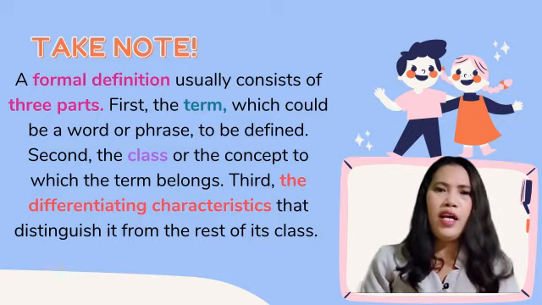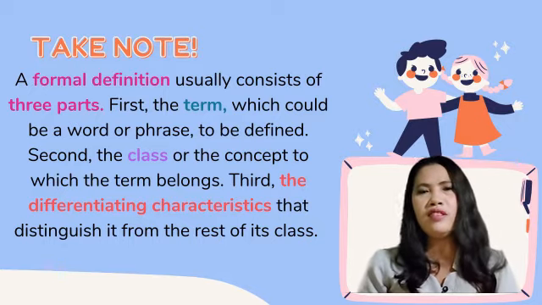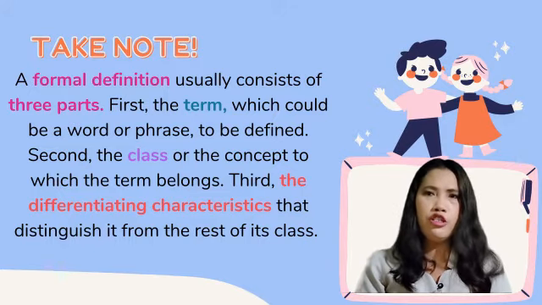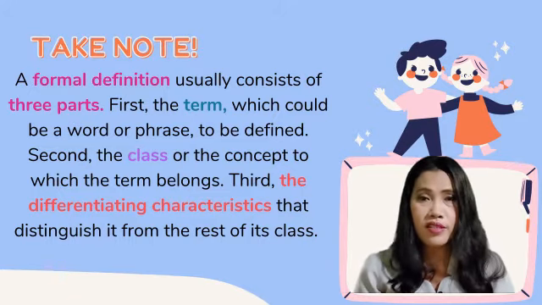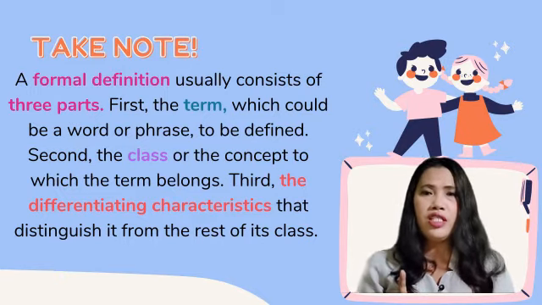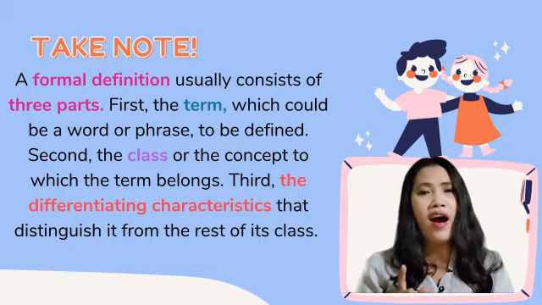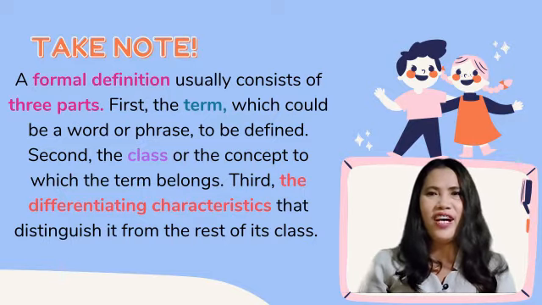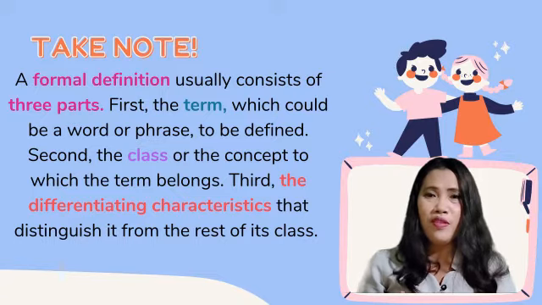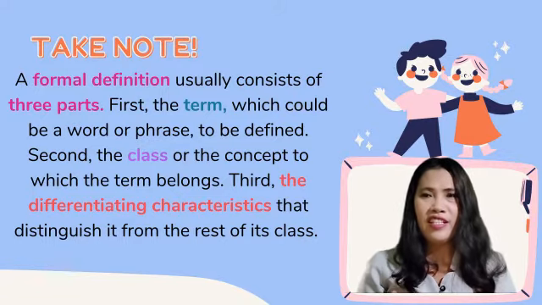Another point under definition: a formal definition usually consists of three parts. Take note, again, a formal definition usually consists of three parts. What are these parts? First, the term. The term is the word or phrase that you will be defining.